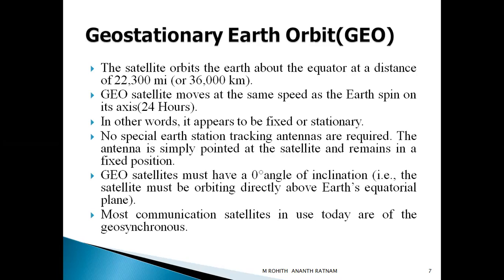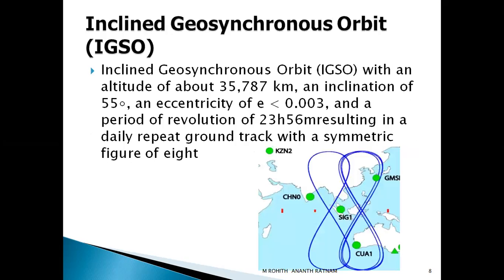Three satellites are more than enough to navigate the total Earth. So using only three satellites is more than enough when locating from the geostationary orbit. So this is about the geostationary orbit.